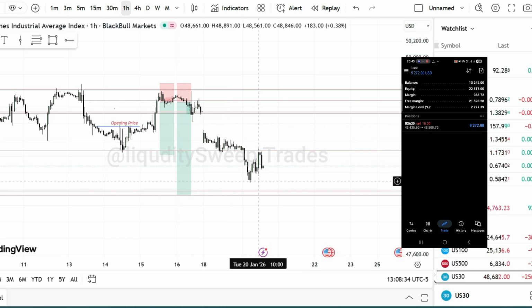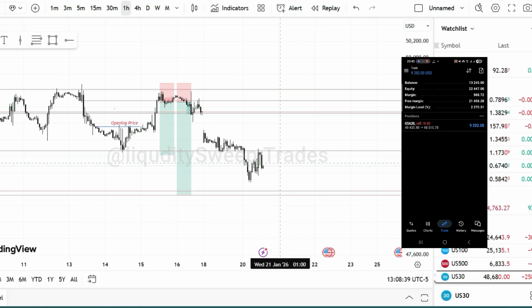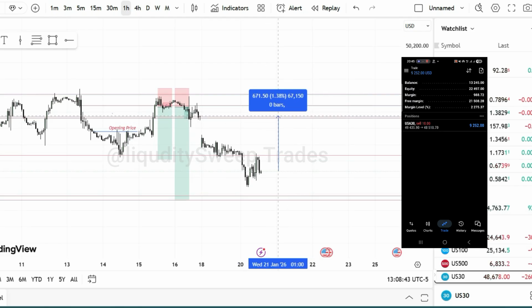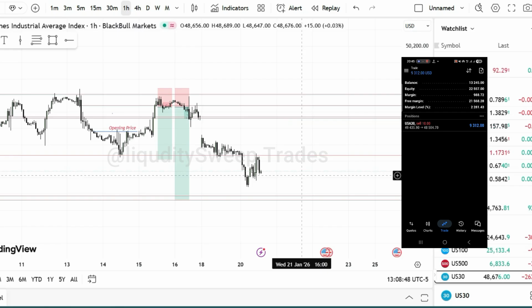So why would I leave it open and we retrace again? And we can still retrace even to this level here. So I'm not willing to lose all those profits.